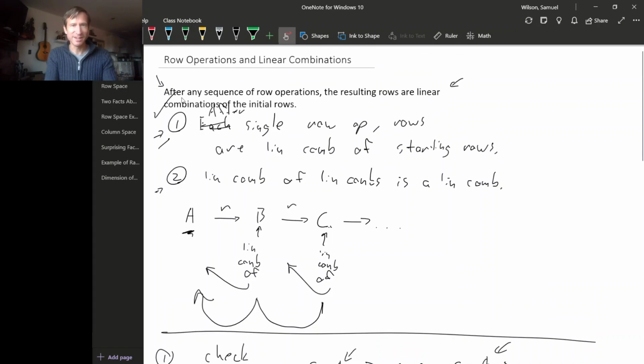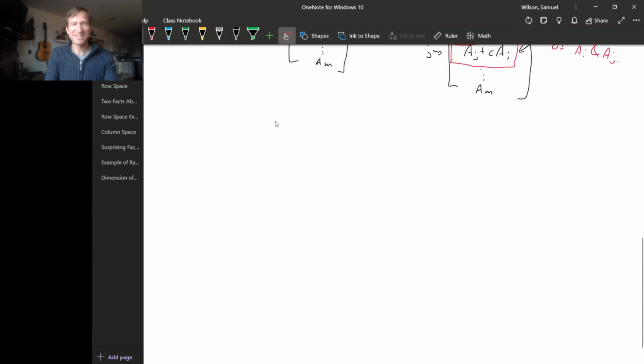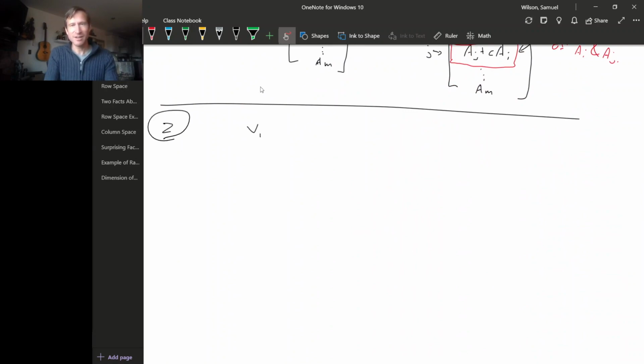So this one's done. Now we just need to check our second fact, that a linear combination of linear combinations is a linear combination. So to do that, let's suppose that we have some vectors. Maybe I should call them A1 through AM just to match the notation from the previous argument. So what would a linear combination of this look like?